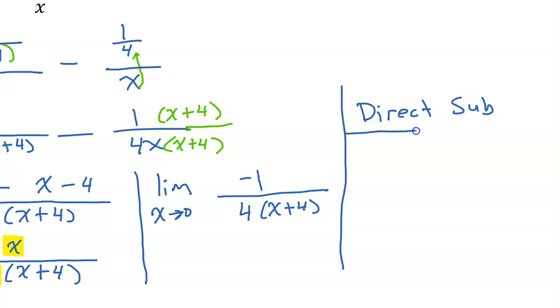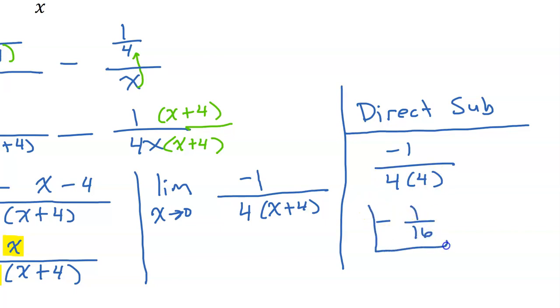And as soon as you do your direct substitution, that's when you can stop writing the limit as x approaches 0. So I'm going to let x be 0. So really that means I'm just going to write nothing when I get there. So this will be negative 1 over 4 times 4, which is negative 1/16. And that is the limit.